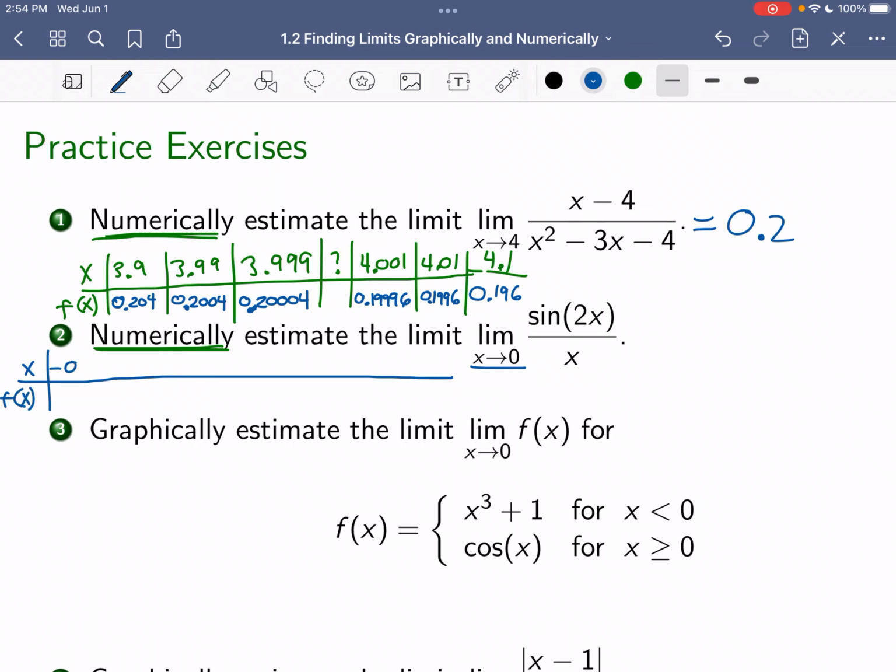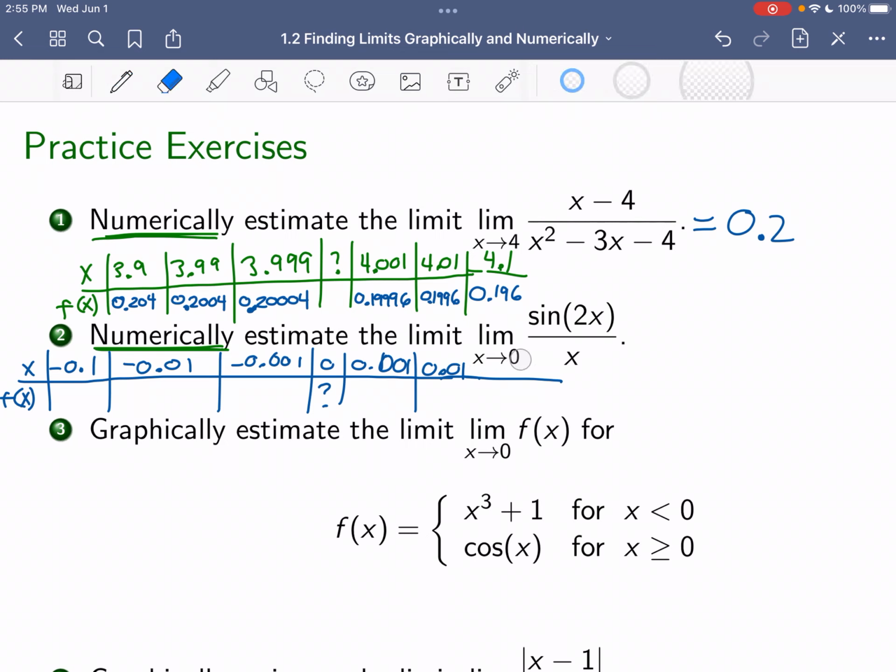So negative 0.1, negative 0.01, and negative 0.001. 0 itself, we don't know. And 0.1.